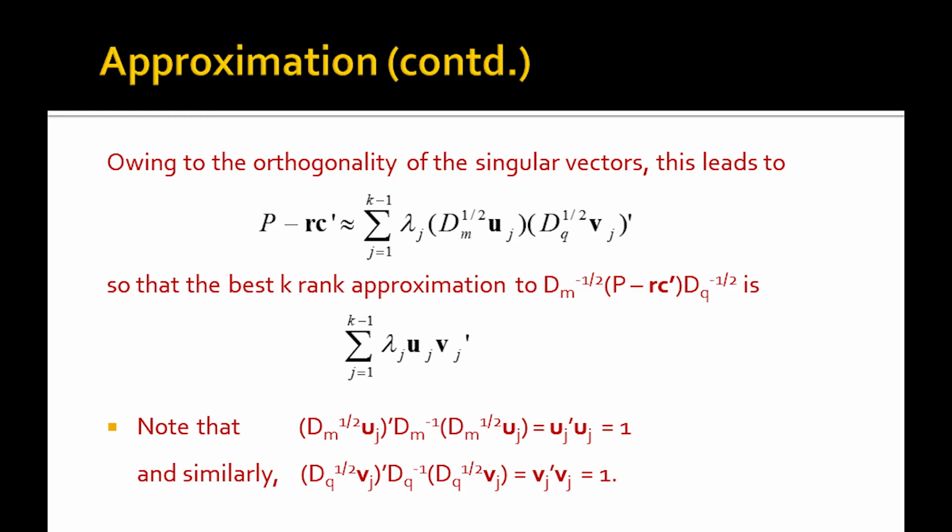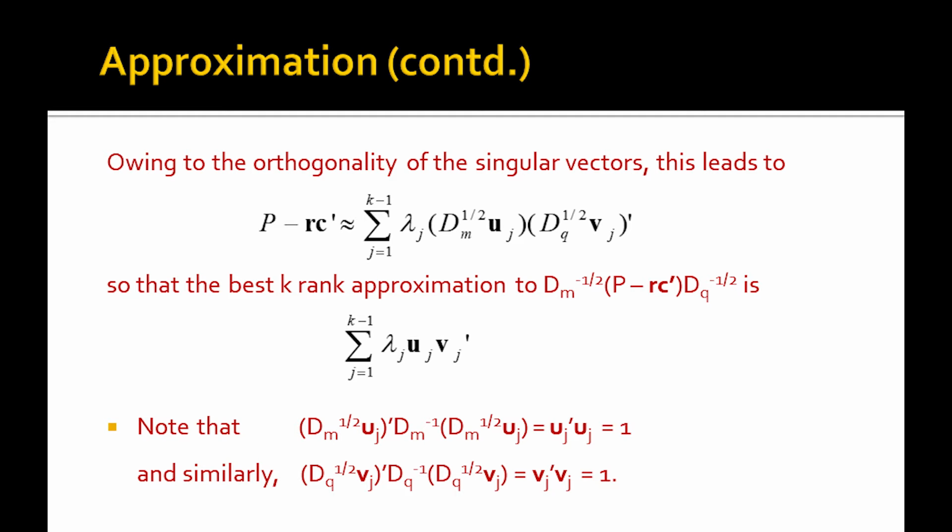So the best approximation of order k or rank k to Dm to the power minus half (P minus RC prime) Dq to the power minus half is given by summation j equal to 1 to k minus 1 lambda j uj vj prime. So this gives us the best approximation. And what is the error remaining?